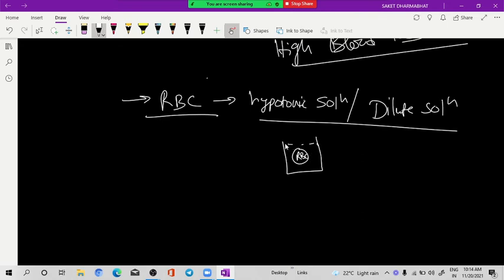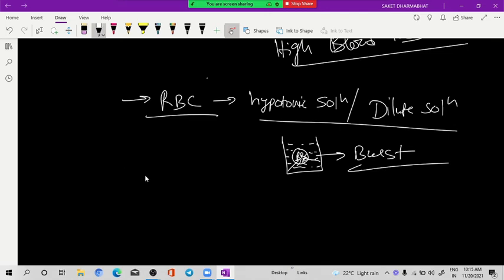Anyone give the answer? Use your common sense. Are you listening or not? What will happen? Hypotonic means less concentrated solution, or dilute, so water will enter into the RBC. Yes, sir. So the RBC will swell up and it will burst.